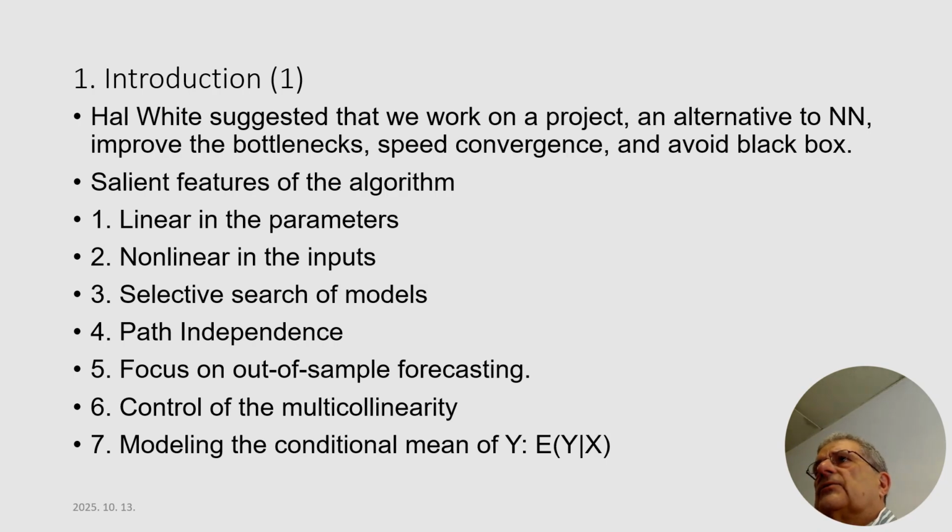The idea of this algorithm comes from Albert White, whom you may know because he was very famous for the heteroscedasticity consistent covariance matrix estimator, and he also devised the test for heteroscedasticity in econometrics. He and myself were working on an alternative to neural networks to improve the bottlenecks of these types of algorithms, speed of convergence, and avoid the black box.